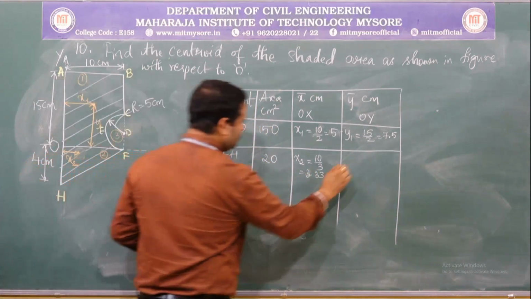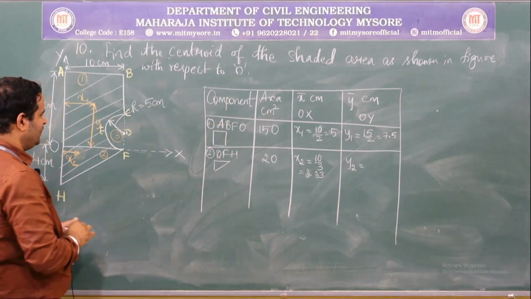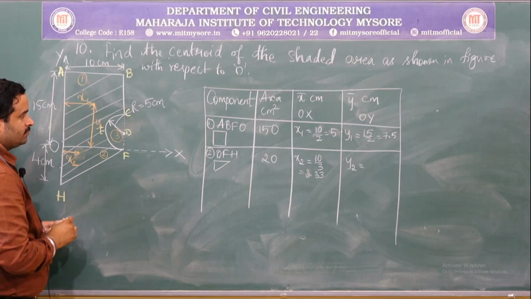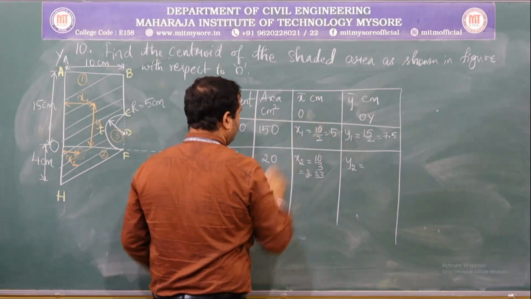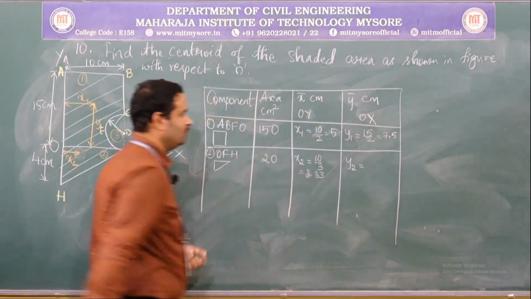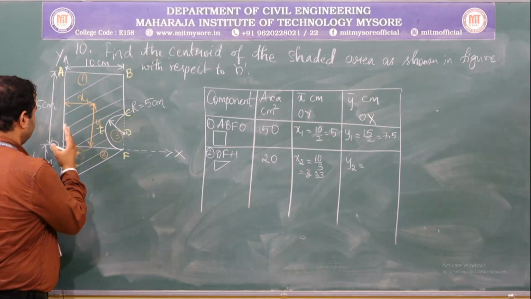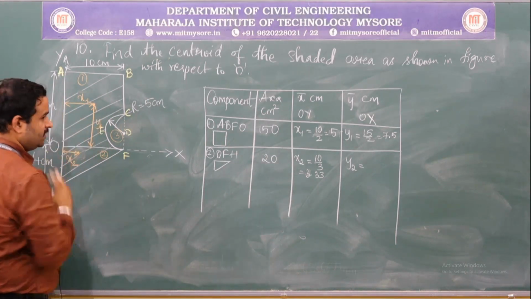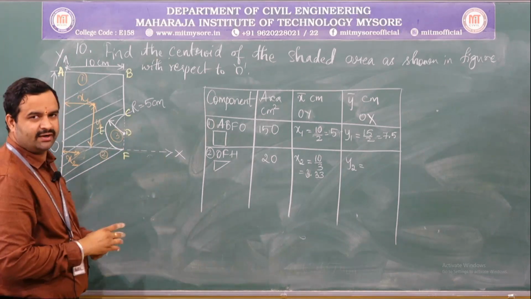Coming to y2, y2 is measured with respect to OX axis. So, with respect to OY we have measured x2, with respect to OX measure y2.